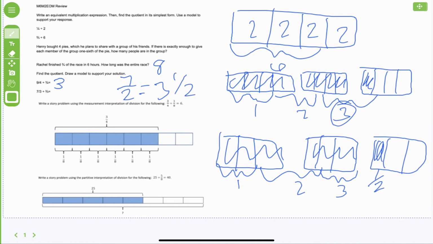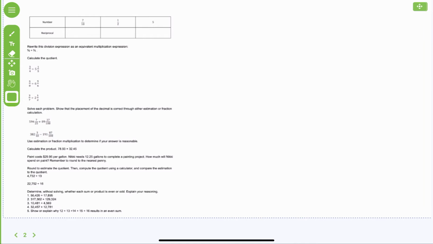That's kind of the exact same type of division problem. So we could say that Jim finished 5/8 of a race and he had gone 25 miles. How far is the race? It would be 40 miles if he had finished 5/8 and had already gone 25. All right. Page 2.